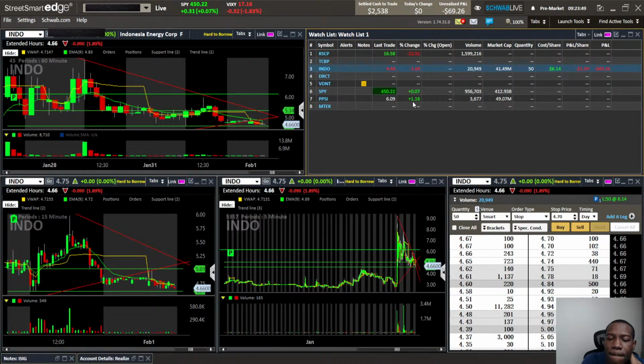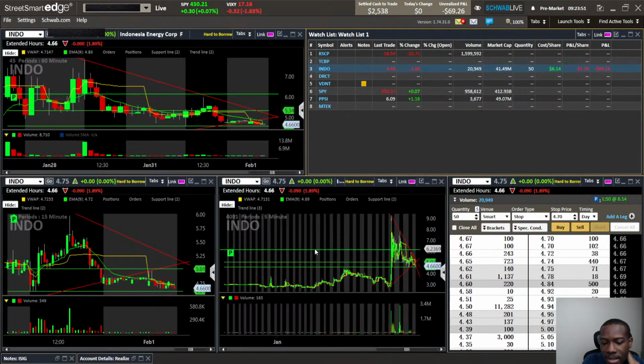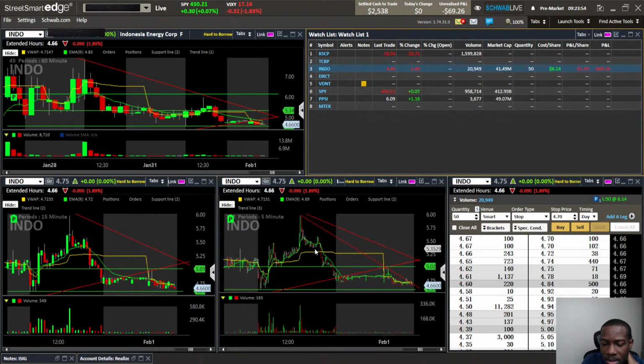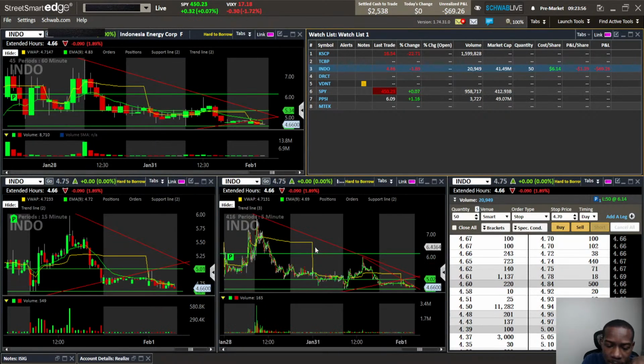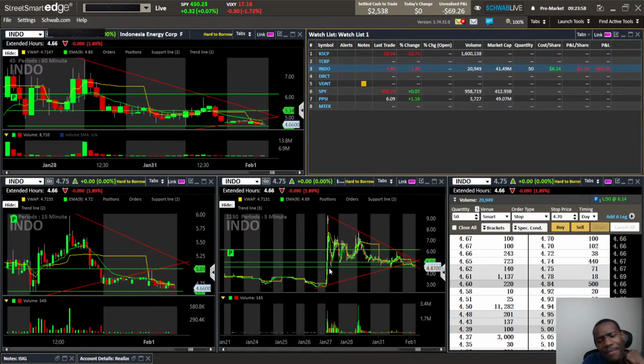I am definitely looking to get out of INDO, but I want to see this since it hasn't completely broken this bottom. I've actually traded these and gotten out early on them, and they've actually reversed after I get out, so they'll go right back above it. So I'm giving it some time and some intraday action to see if it wants to hold up this 450.